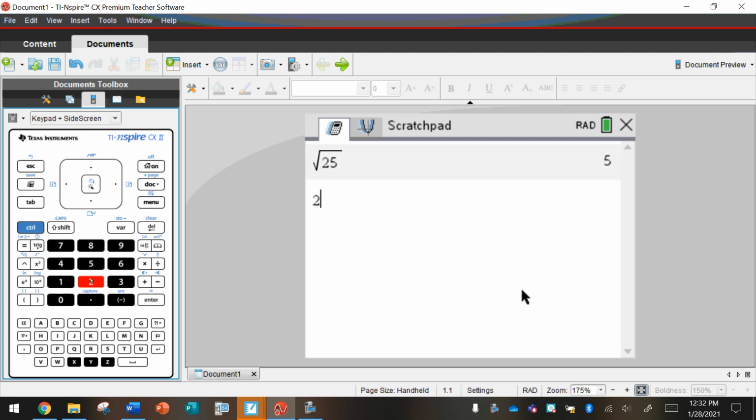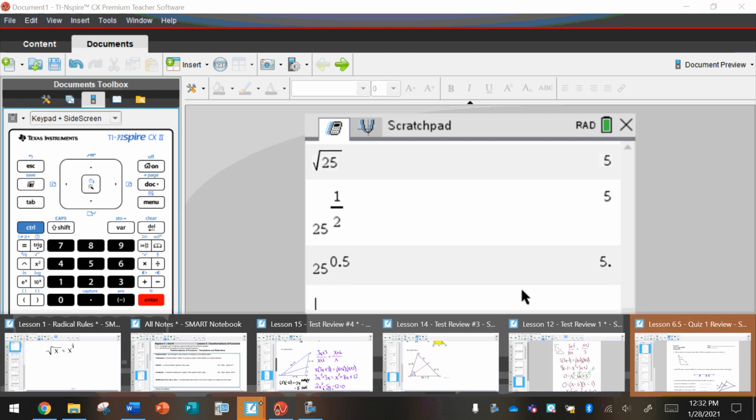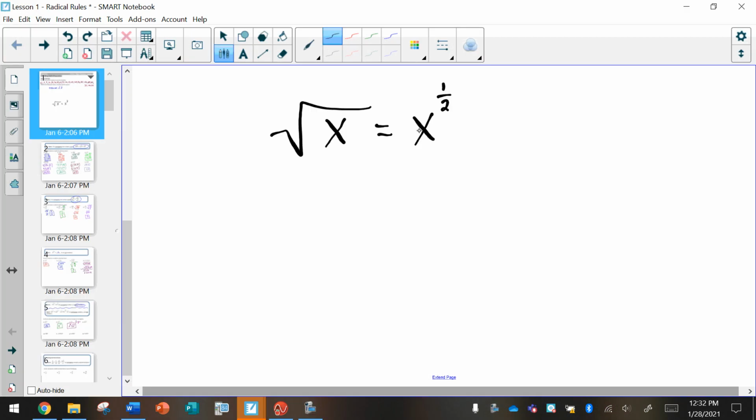If I do 25 to an exponent of 1/2, it does the same thing. If I do 25 with an exponent of 0.5, which is the decimal version of 1/2, it does the square root. So an exponent of 1/2 means to take the square root of something.